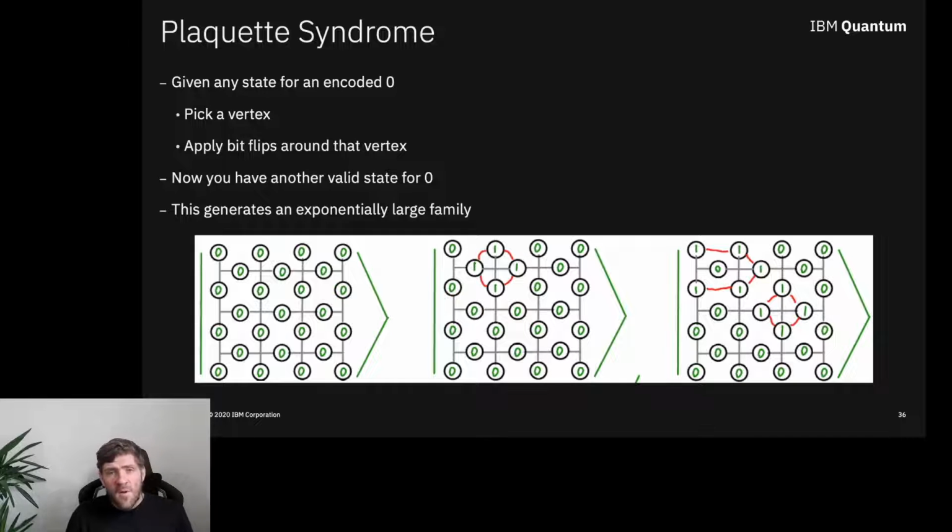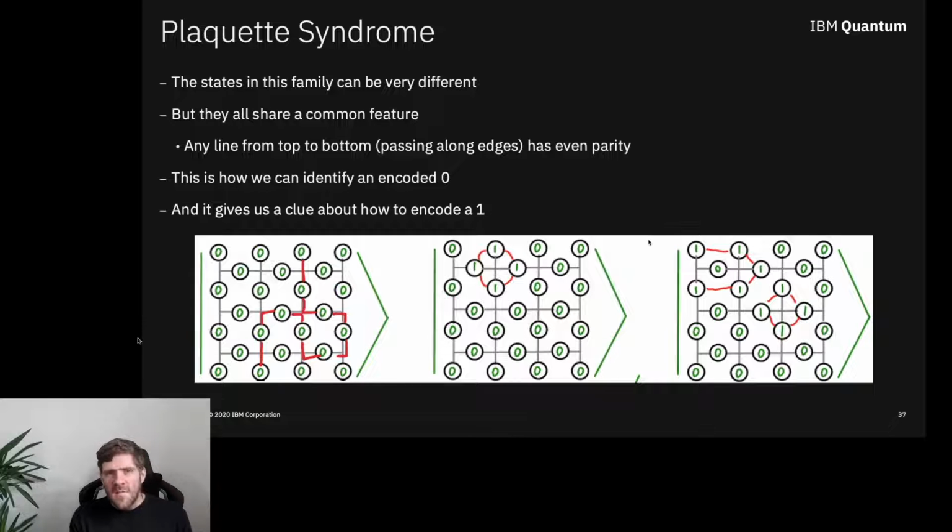And in fact, the way we can generate this family of states is to start off with the all 0 state, pick any vertex, flip all of the bits around that vertex, and then we have a new valid encoding of a 0. And this generates an exponentially large family depending on which set of vertices you choose to flip all of the bits around. And so here we've flipped all the bits around this vertex, here we've done this vertex and that vertex and this vertex, and so on.